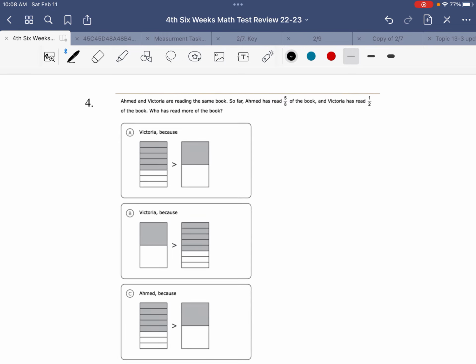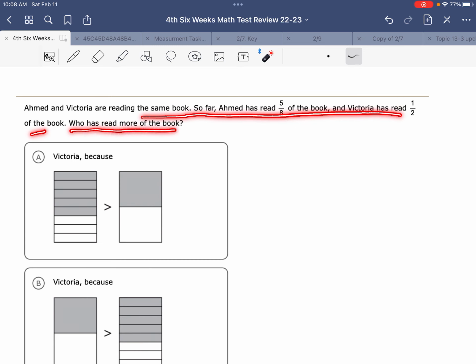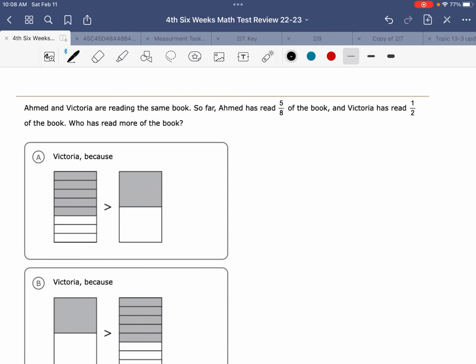Okay, next one, it says Ahmed and Victoria are reading the same book. So far, Ahmed has read 5/8 of the book, and Victoria has read 1/2 of the book. Who has read more of the book? So I'm going to circle my important numbers, 5/8, 1/2. I'm going to underline my question.